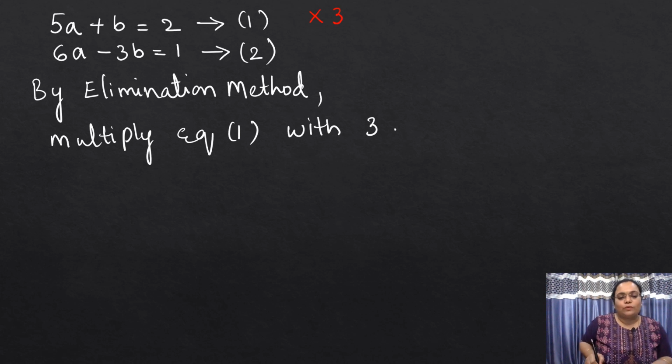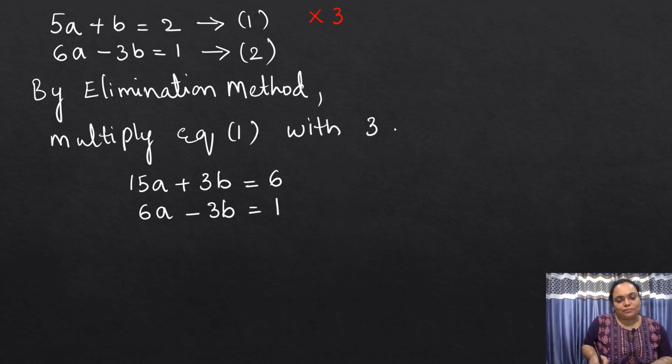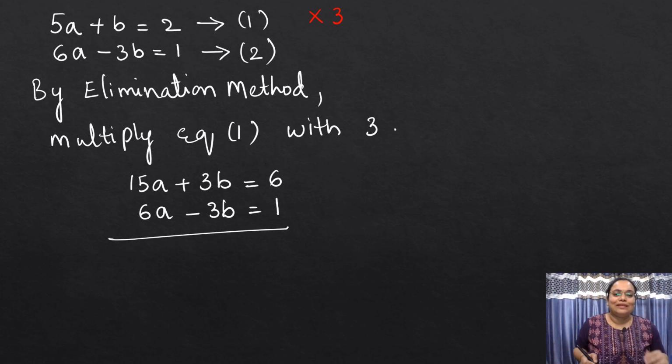Okay. So how will the equation change? 15a plus 3b is equals to 6, and the next equation remains same. 6a minus 3b is equals to 1. Then I will add them.